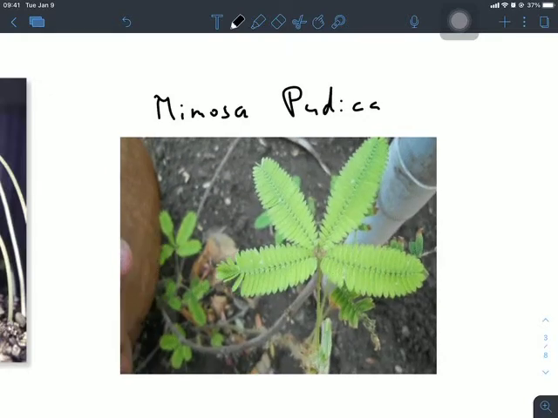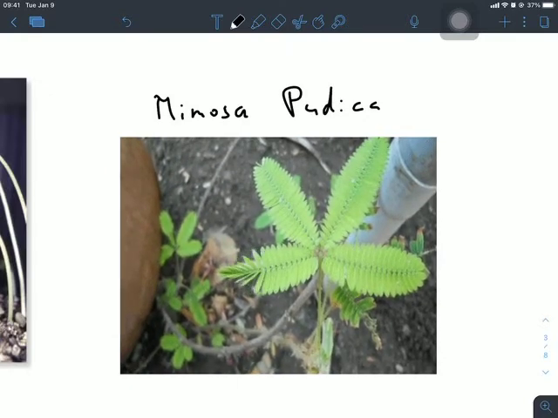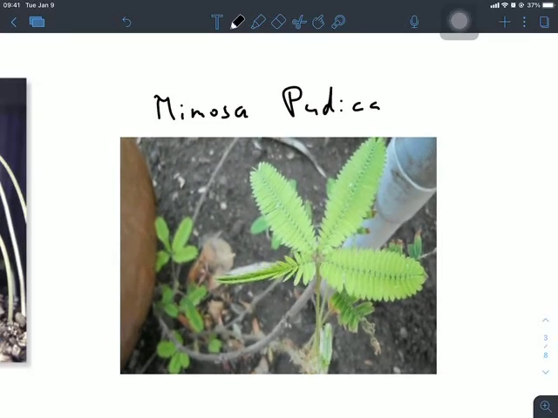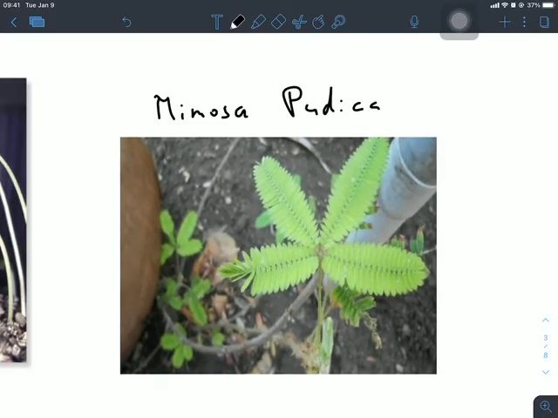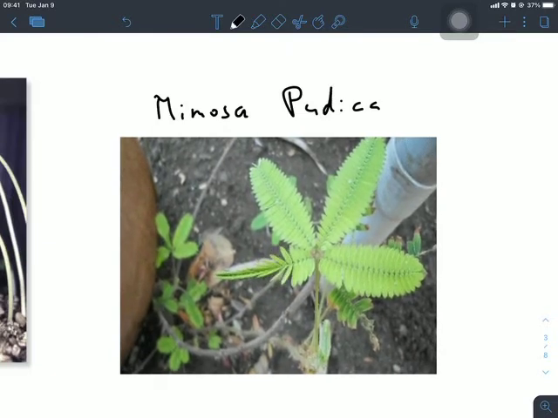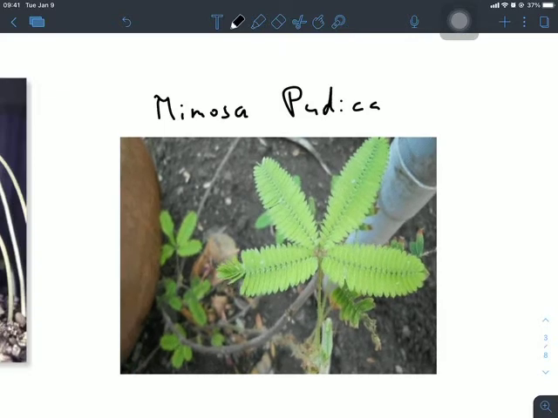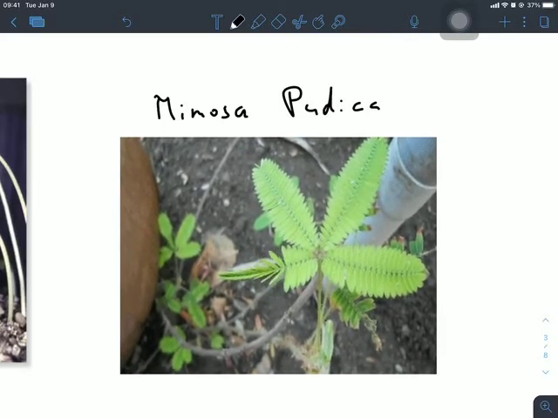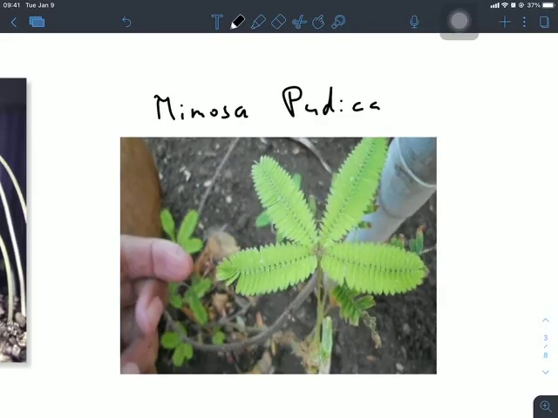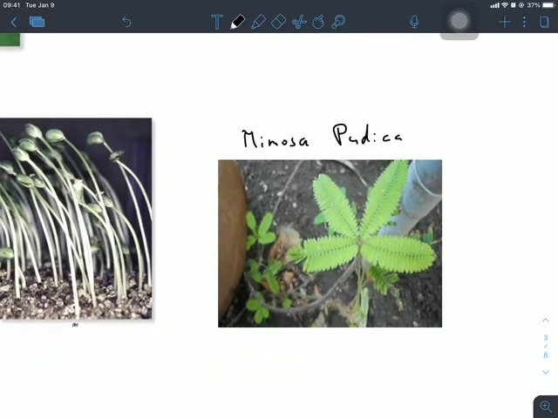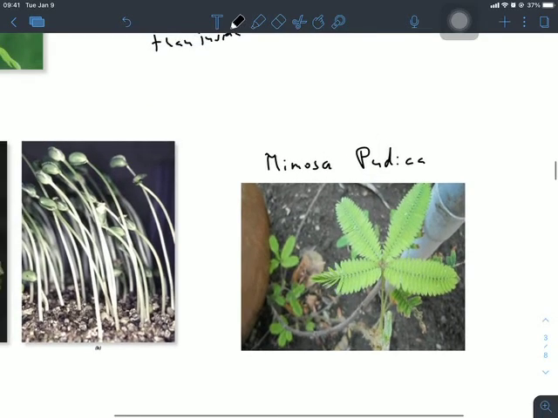So there's a couple different ideas here, and mechanistically, this is actually happening through rapid wilting. But Mimosa pudica is an example of the fact that plants can indeed move in the short term. It operates much differently than muscle movement in animals, but is probably one of all of my plant biology students' favorite examples of plant movement.